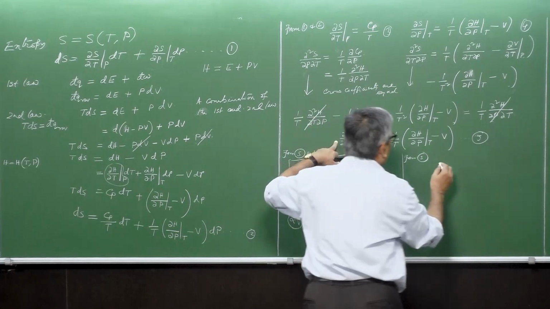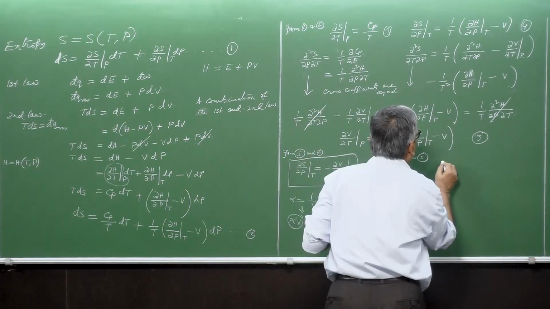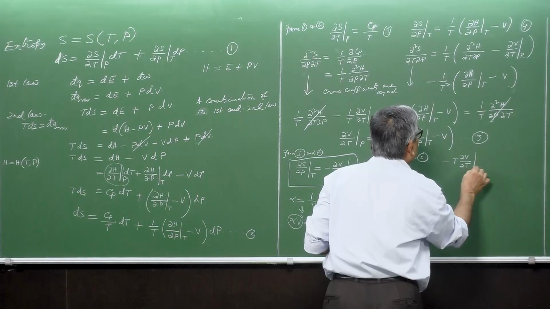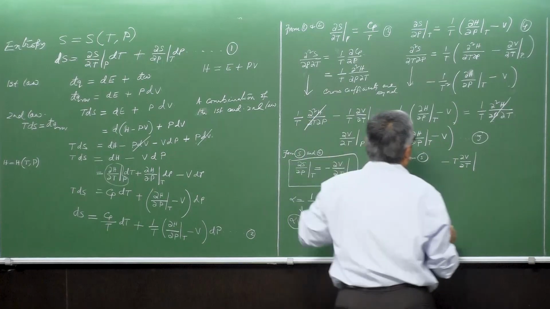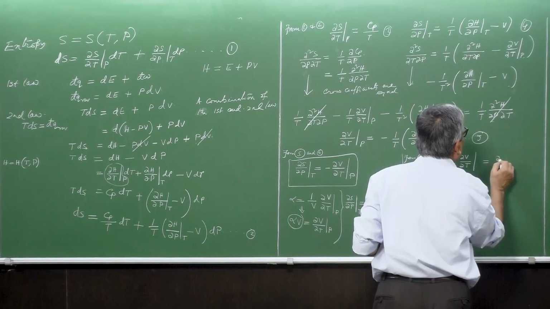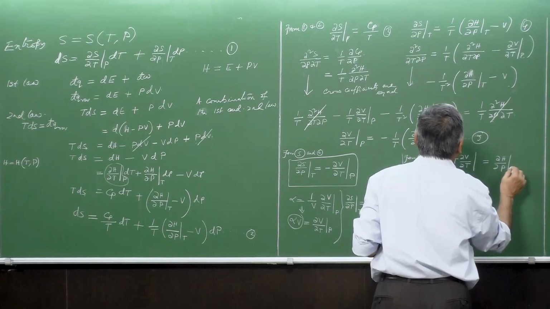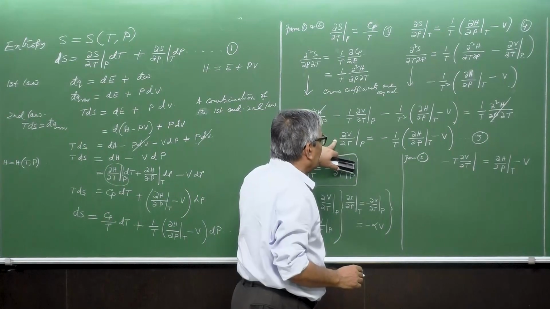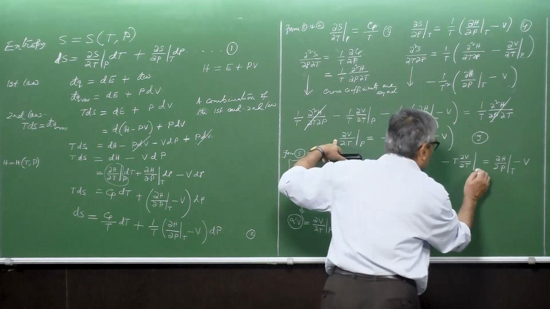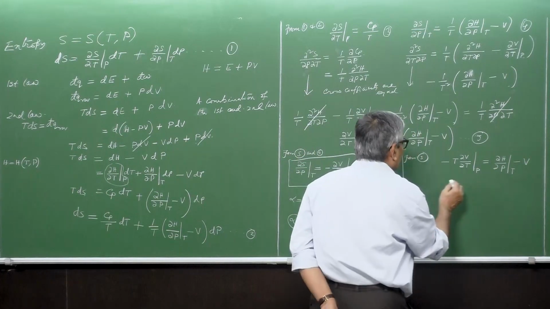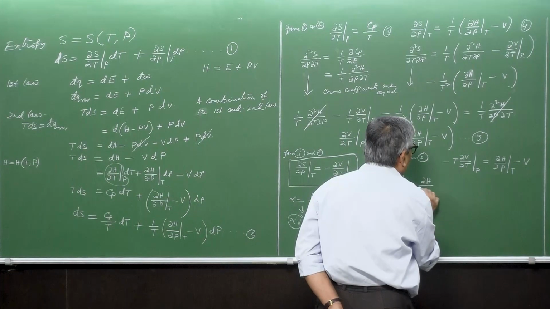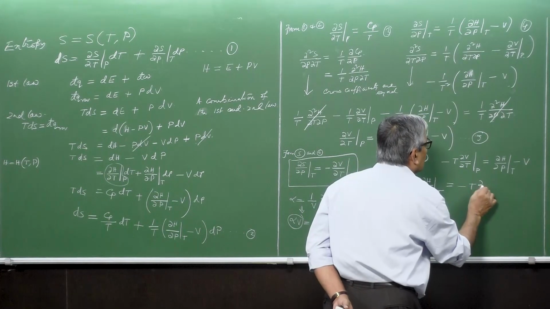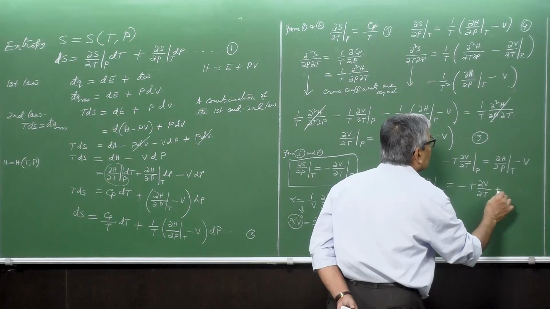I put a minus sign here, so it is minus T times ∂V/∂T, and that is equal to (∂H/∂P) at constant temperature minus V. So this gives me again an important relation: (∂H/∂P) at constant temperature is equal to minus T (∂V/∂T) plus V.